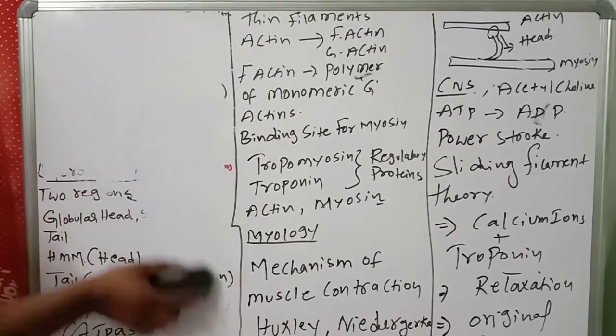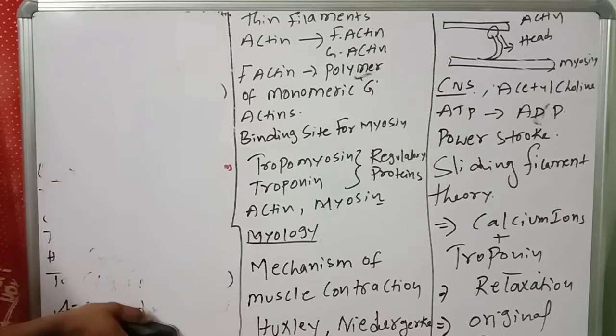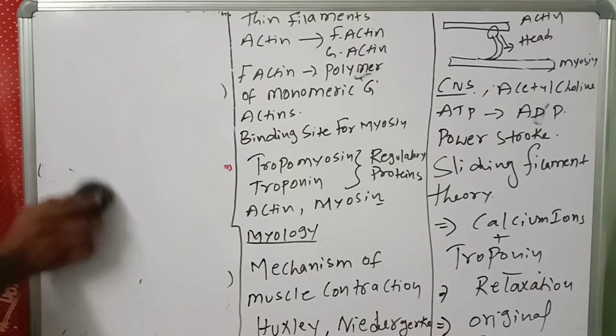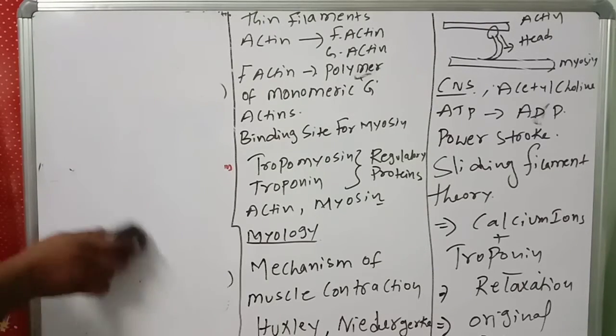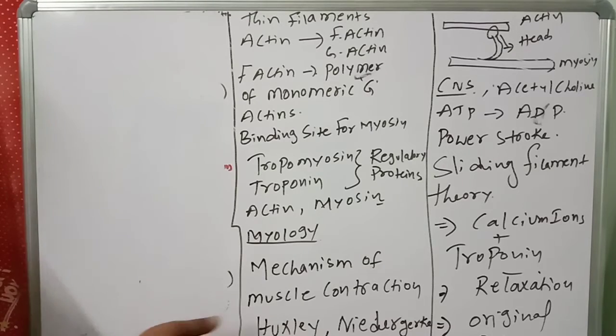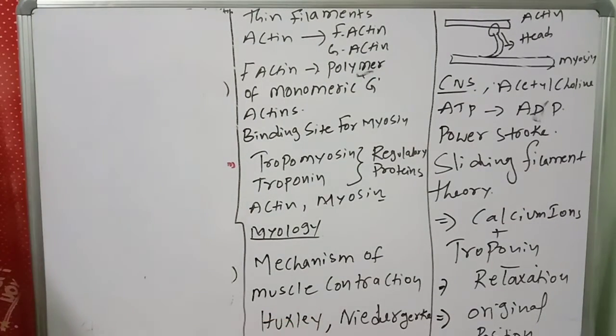Okay, children, once we see the picture, you will get clarity about what actin and myosin are. Observe very carefully. These are the thick filaments, and these are the thin filaments.